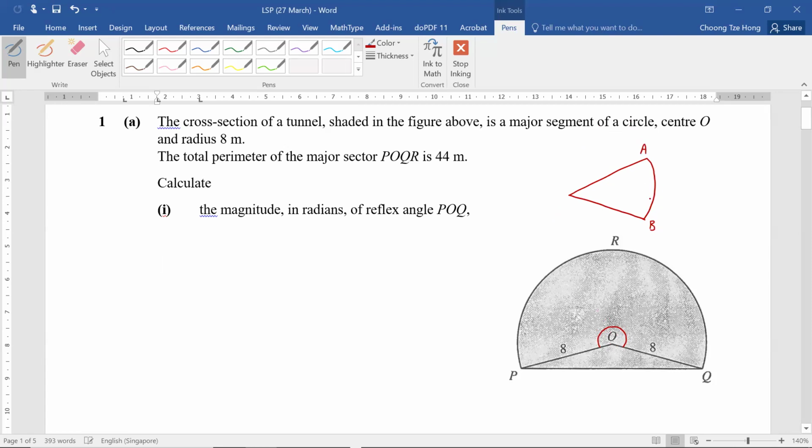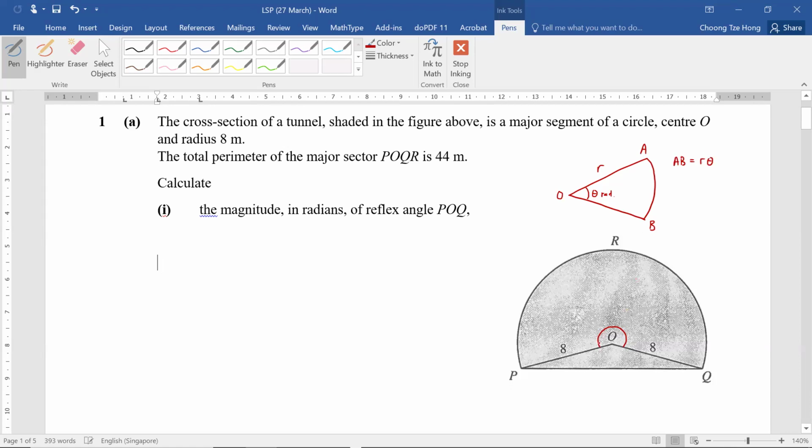We can find the arc length AB by taking the radius, with this being the center of the circle, multiplied by the angle subtending the arc AB. This angle has got to be in radians.